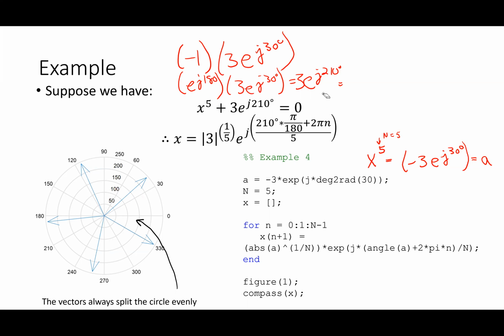The reason I did it in radians like this is because, as I've said before, the exponential function in MATLAB and all of the trig functions in MATLAB are done assuming that your argument is in radians. Actually, if you end the trig function in d, it assumes degrees.